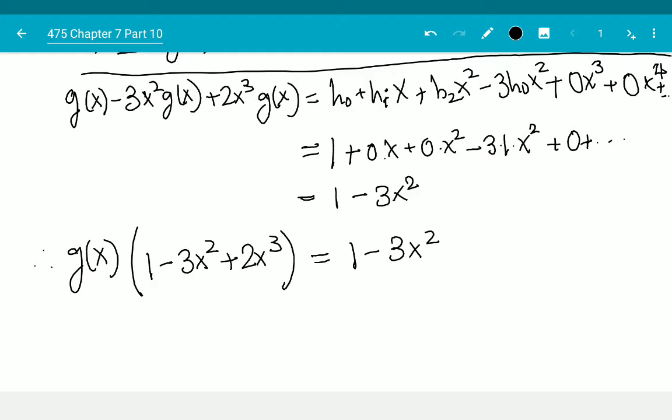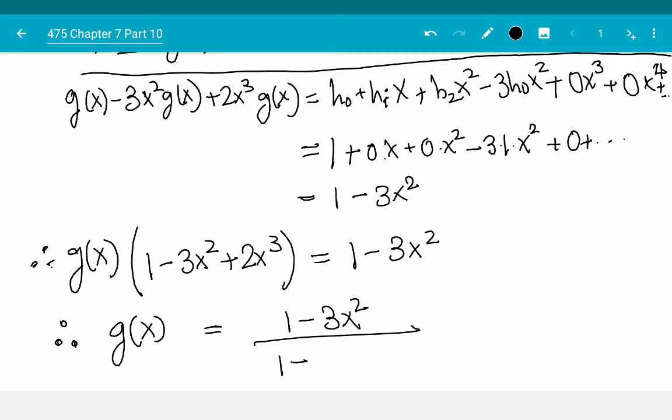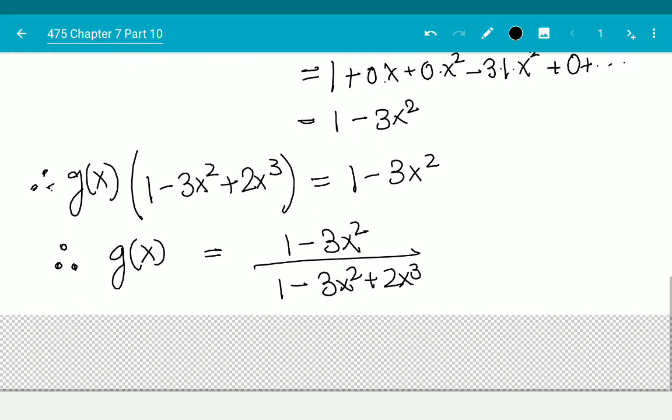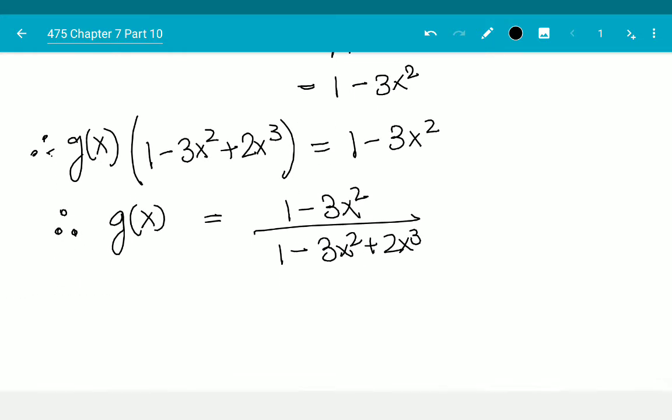And therefore, my g of x is equal to 1 minus 3x squared over 1 minus 3x squared plus 2x cubed, which I can solve by partial fractions.